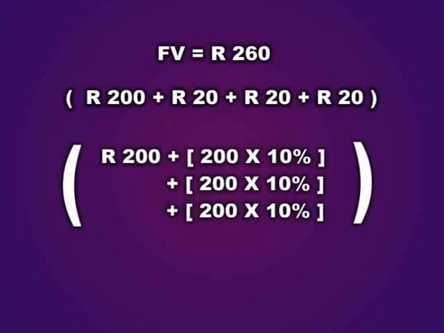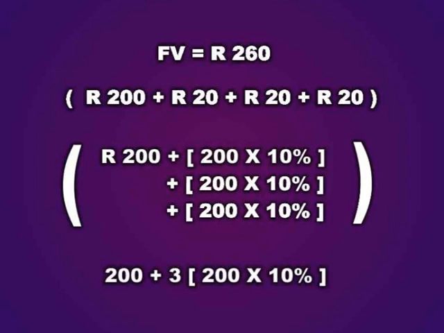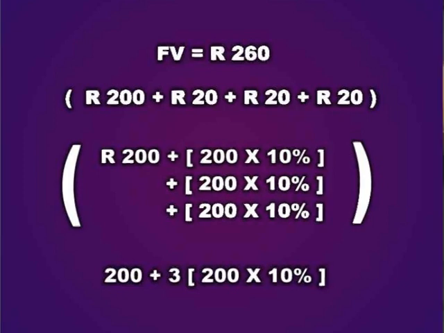That's equals to 200 plus 200 times 10% plus 200 times 10% plus 200 times 10%. Written differently, that's 200 plus 3 times 200 times 10%.